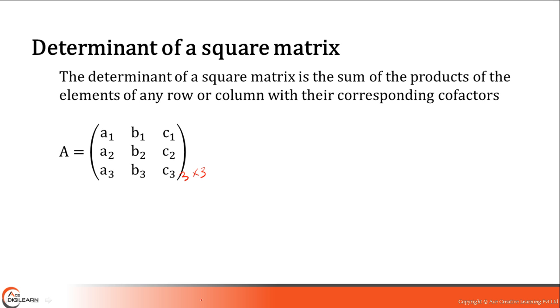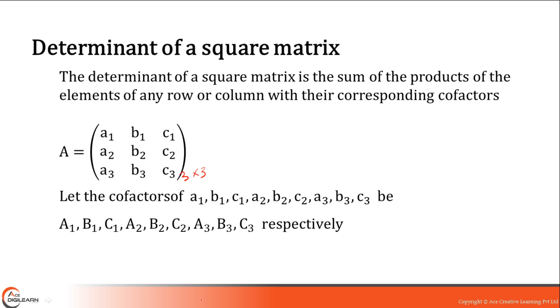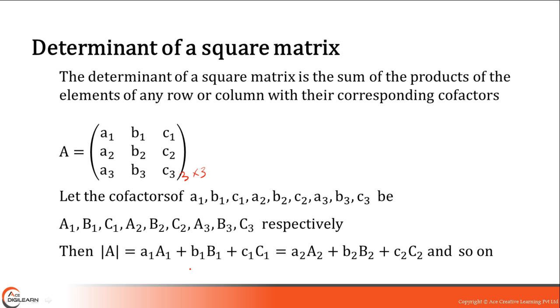Let the cofactors of these elements be denoted with capital letters A1, B1, C1, A2, B2, C2, and A3, B3, C3. Then, the determinant is defined as small a1 capital A1 plus small b1 capital B1 plus small c1 capital C1, which can also be written as a2 A2 plus b2 B2 plus c2 C2, and so on.